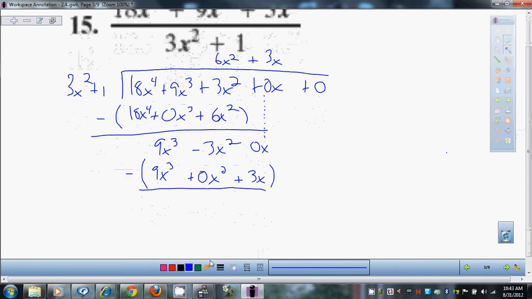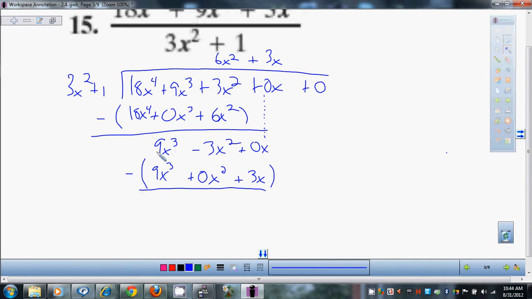Just write in a 0 for any terms that are missing. This one? 3x times 3x squared. There are also examples in your book with lots of arrows and things like that, so feel free to look at those too for extra guidance.